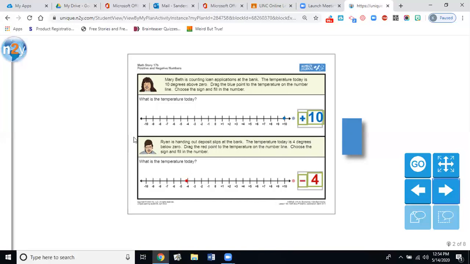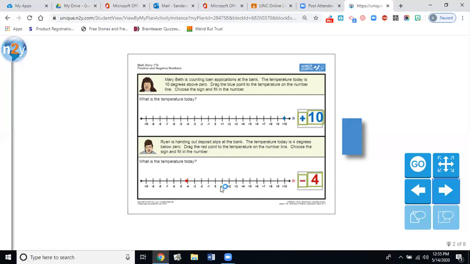Okay, now this is going to be an opposite problem. Ryan is handing out deposit slips at the bank. The temperature today is 4 degrees below 0. Drag the red point to the temperature on the number line. Choose the sign and fill in the number. Okay, so it is 4 degrees below 0. Anything below 0, we move to the left. That would be our negative numbers.